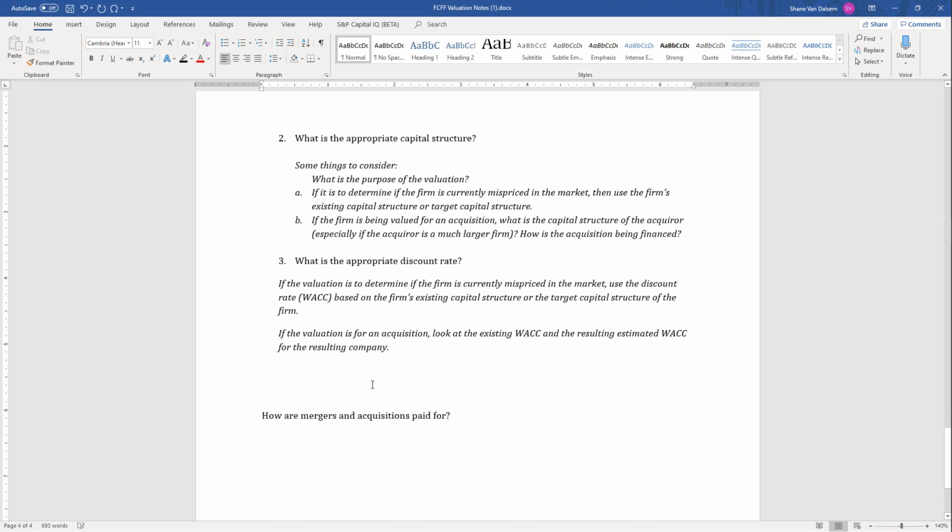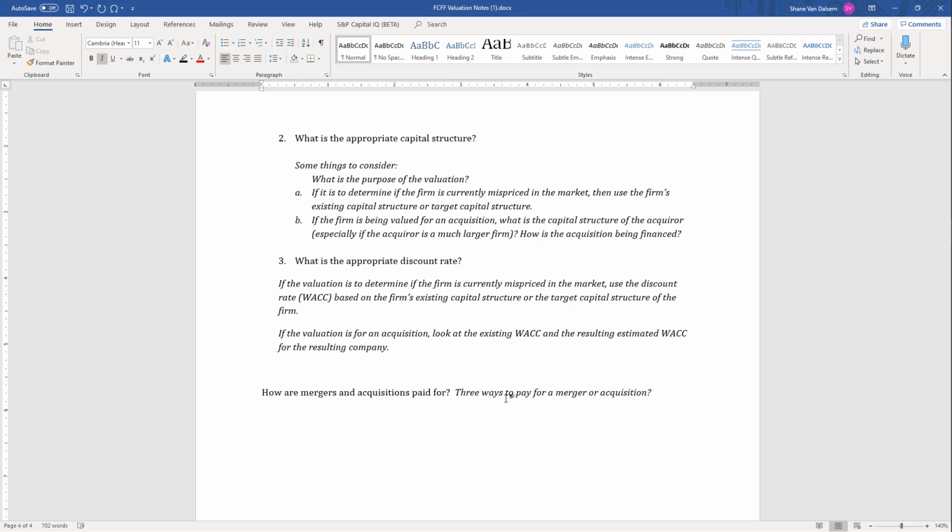So how are mergers and acquisitions paid for? There's three ways to pay for a merger or acquisition. Because essentially what you're doing is you're trading value for value.